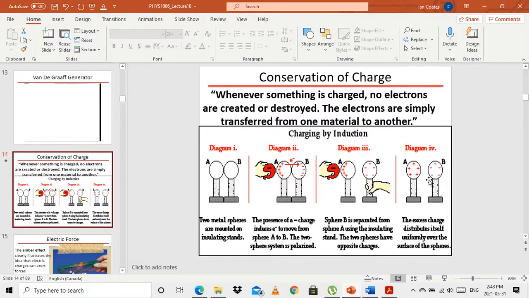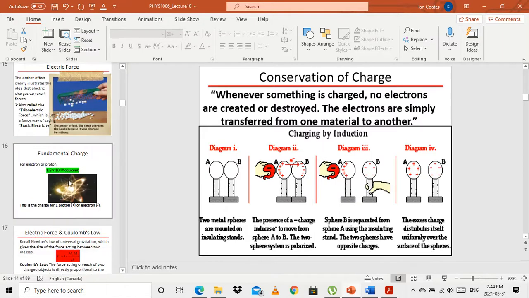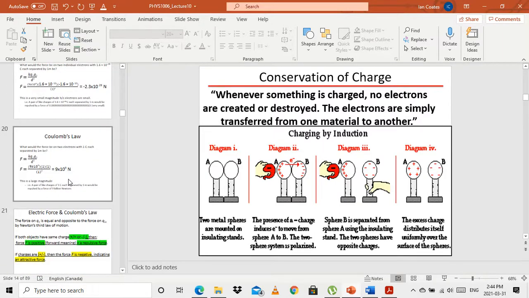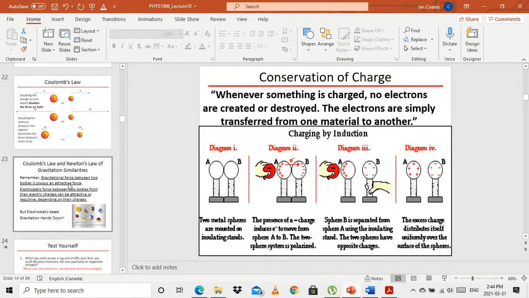So why isn't the Earth flying out of orbit in chaos into a ball of flames? Because overall charge is always conserved. It's always there, okay? Within these two balls, it's changed, but generally the charge of the Earth hasn't changed, okay? So that's what it means, our charge is conserved.